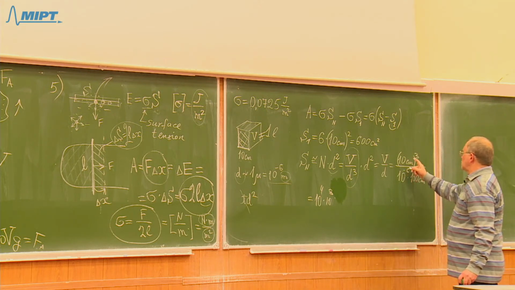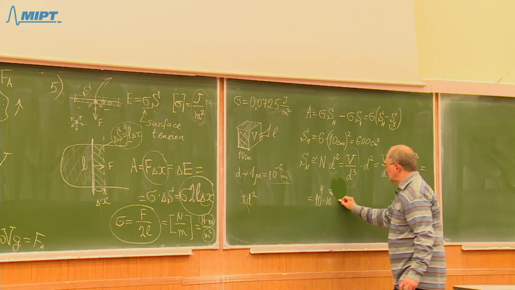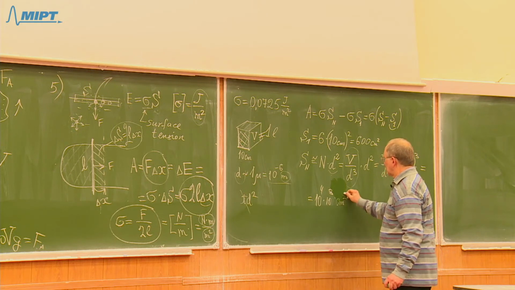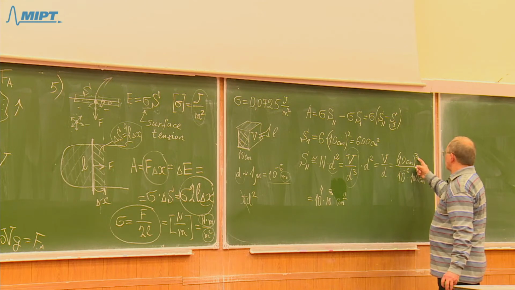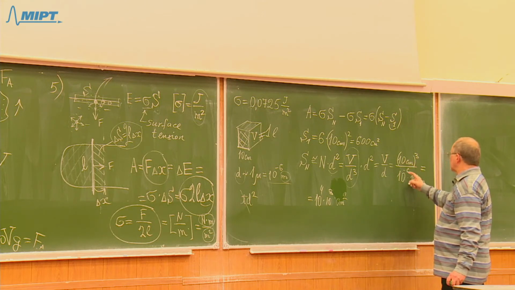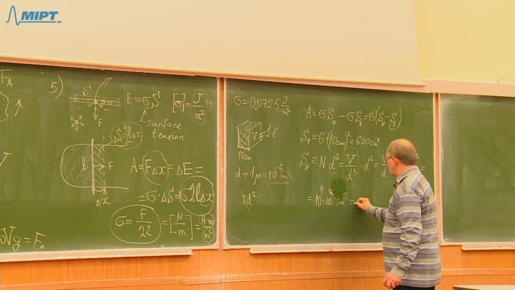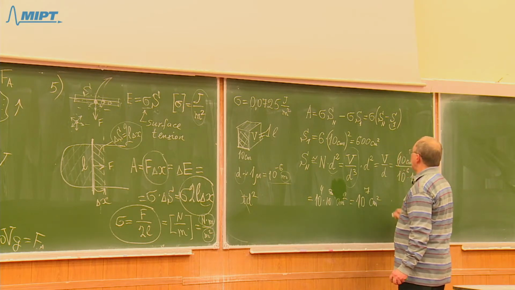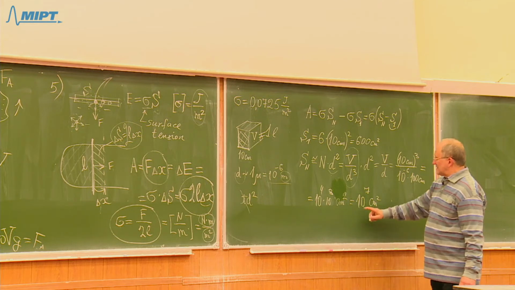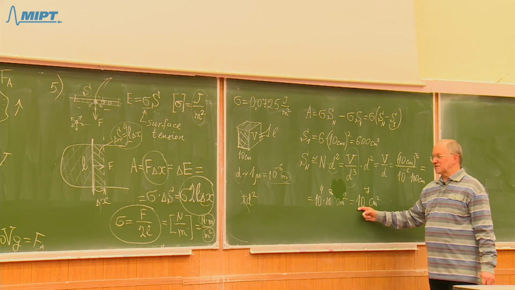And a centimeter cube divided by centimeter will be centimeter squared. So that will be 10 to the power of 3 times 10 to the power of 4, which is 10 to the power of 7 centimeters squared. So that is 10 million square centimeters.